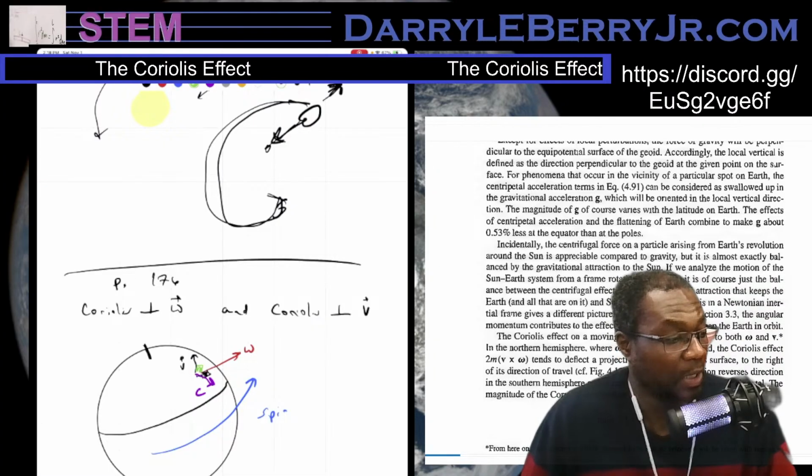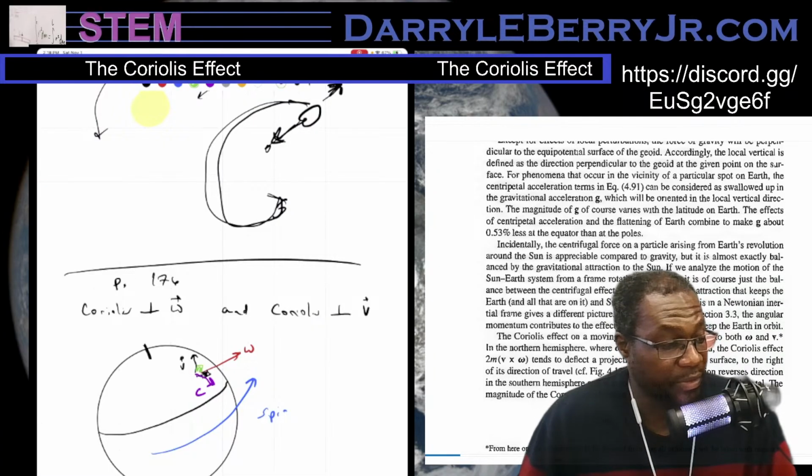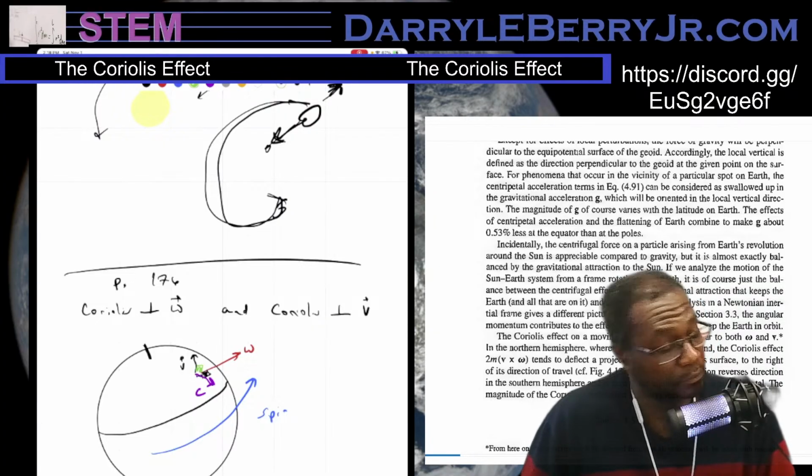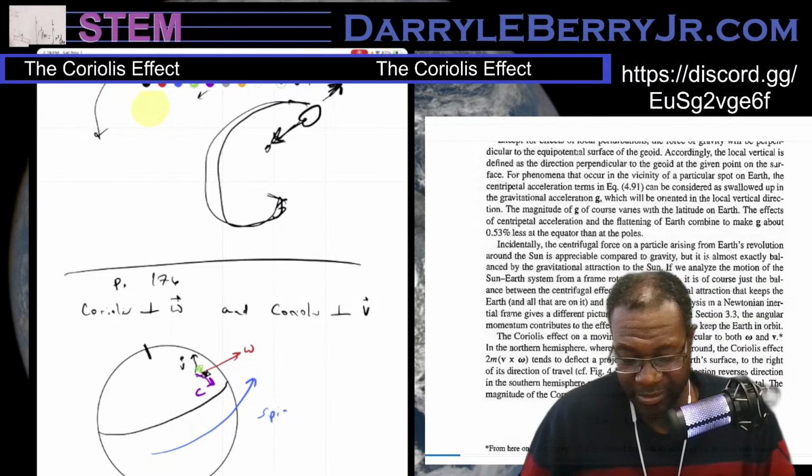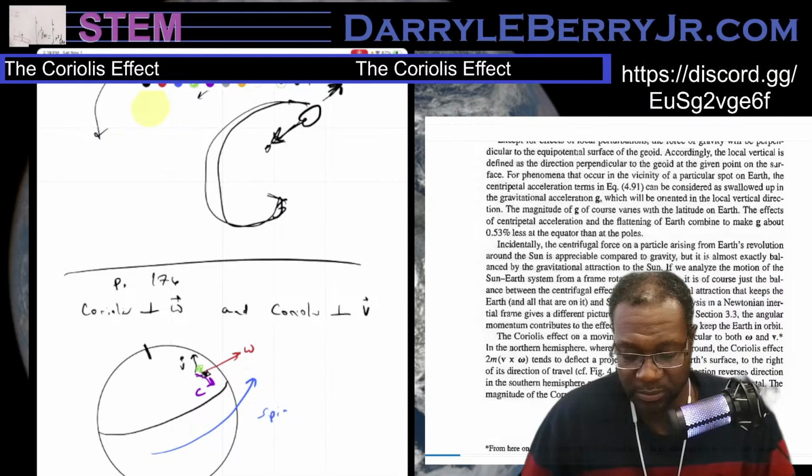To the right. The Coriolis deflection reverses direction in the southern hemisphere and is zero at the equator where omega is horizontal. And it's not necessarily out of the Earth directly. It must be at an angle.